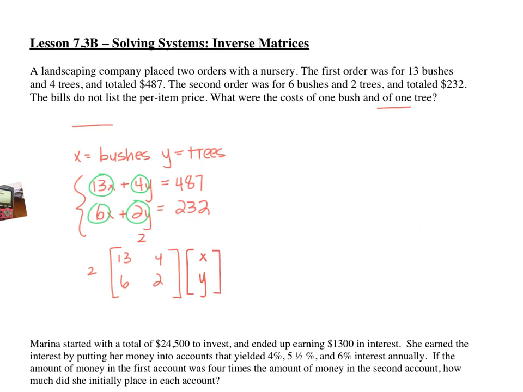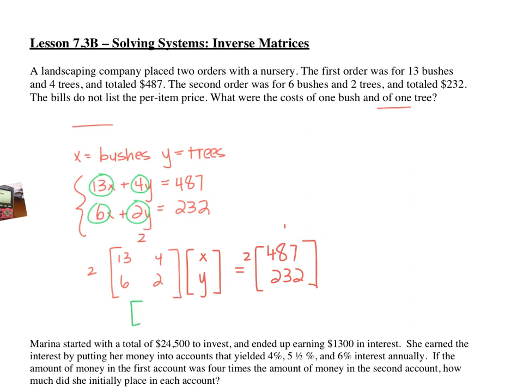We only need to list them as a rectangular matrix because they are repeated, and so I don't need to list them twice. And then on the other side of the equal sign will be our total matrix, which is 487 and 232. This is a rectangular matrix in the shape of 2 rows and 1 column. So this is called a 2 by 1.